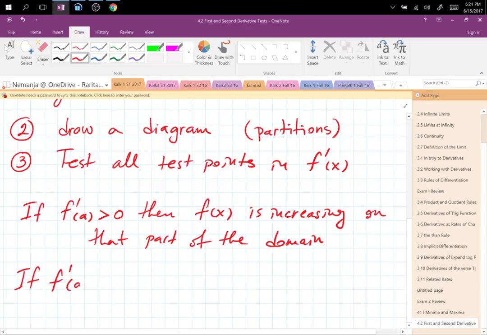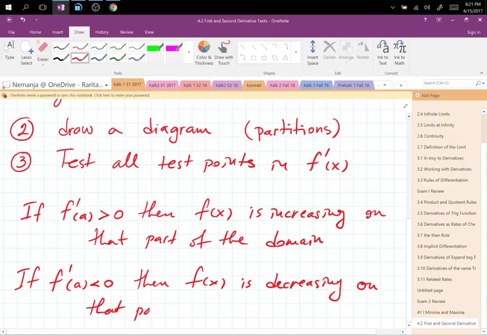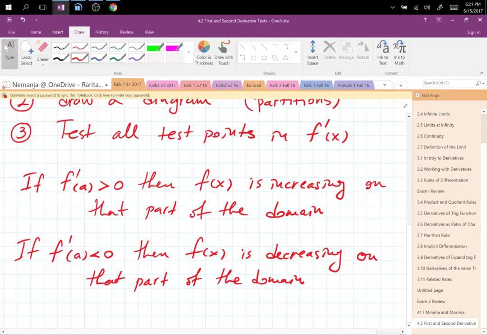If f prime of a is less than 0, then the function f of x is decreasing on that part of the domain. We don't need the 0 here because if you plug in 0, you are going to find the critical points. So this is your procedure.